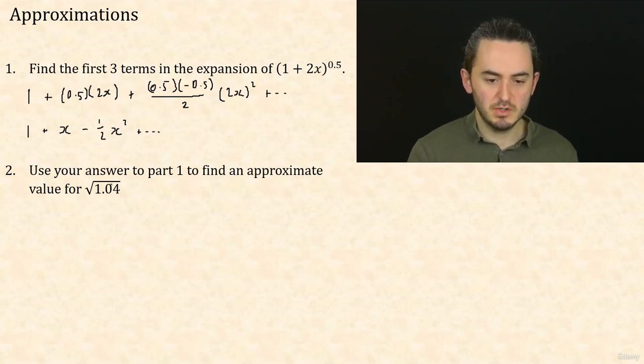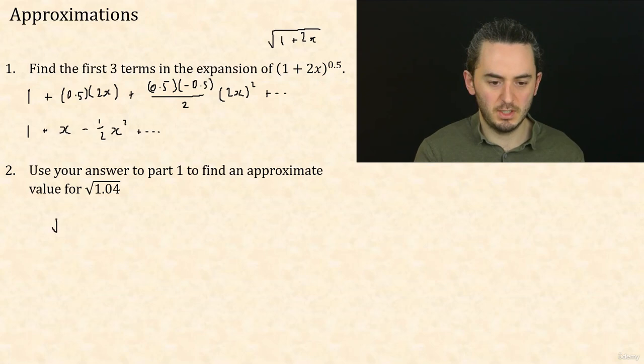Now, how do we use this answer to approximate the square root of 1.04? Well, we looked at something pretty similar in year 12. So if you did that, maybe you'll be familiar with this. The idea here is that my expansion up here was for the square root of 1 plus 2x. And notice that this is the square root of 1 plus something, 0.04.